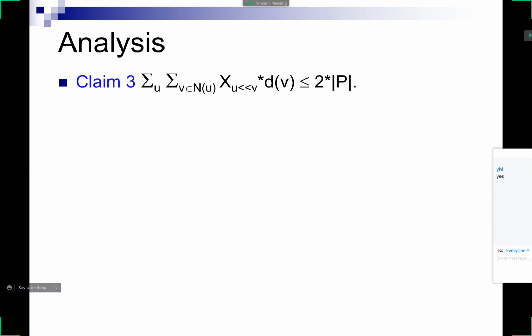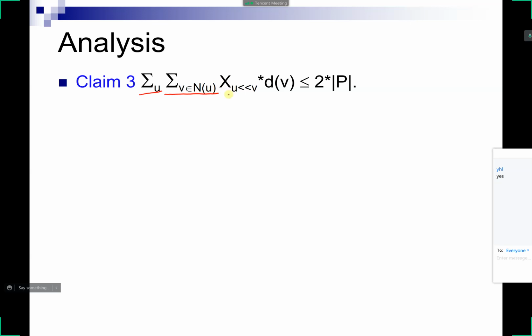Okay, so next we're going to have another claim. This claim is basically going to look at how many edges get removed. So we're going to look at the sum over here. This is a double sum. It's summing over all of the nodes in the graph, and then for each node, it's looking at all of the neighbors of that node.